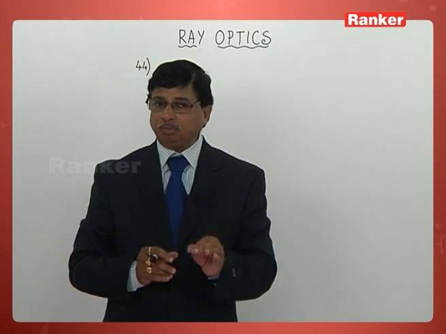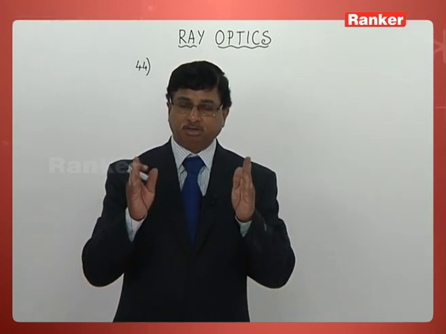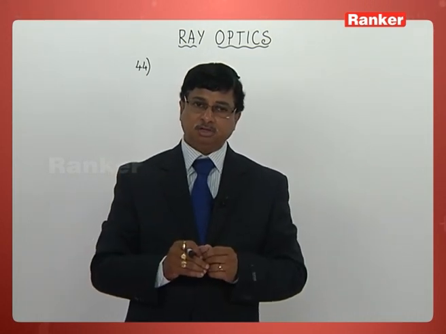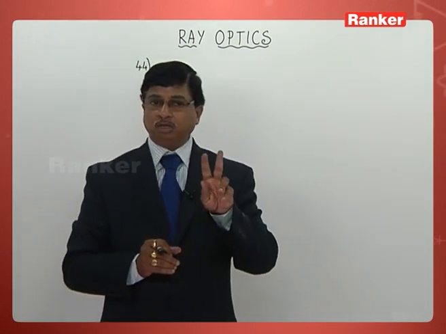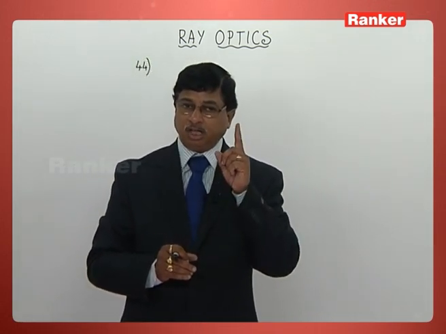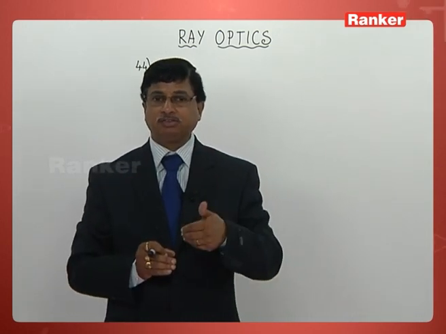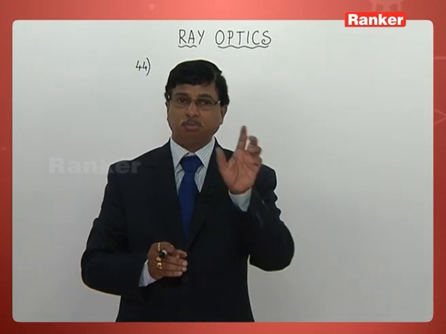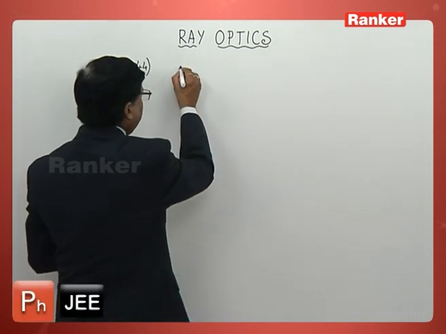Length of the effective eyepiece means nothing other than the distance of separation between the two lenses used in that eyepiece. In fact, we all are aware of this point as well. Two plano-convex lenses having the same focal length are separated by a distance equal to 2f by 3 in the case of Ramsden's eyepiece.